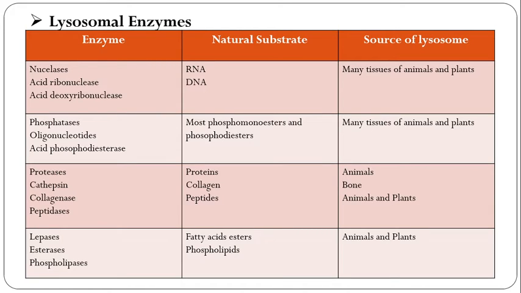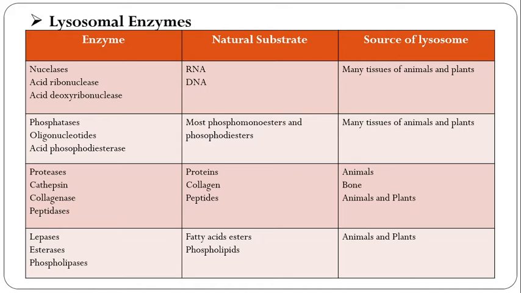The next enzyme is phosphatase, whose natural substrates are phosphomonoesters and phosphodiesters, also from many tissues of animal and plant cells. It's common in all our body. So nuclease, acid ribonuclease, acid deoxyribonuclease, phosphatase, oligonucleotidase, and acid phosphodiesterase are common in our tissues, from many tissues of animal as well as plant cells.